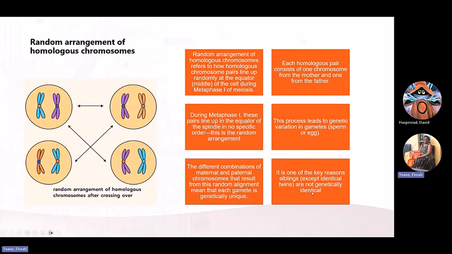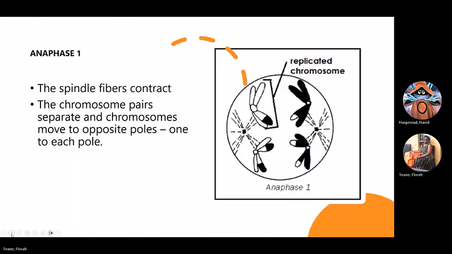And this is one of the key reasons siblings are not genetically identical. You may wonder sometimes when you look at your siblings and you can see that you are totally different human beings. You are not identical. This is made possible by random arrangement of homologous chromosomes, which takes place during metaphase 1.